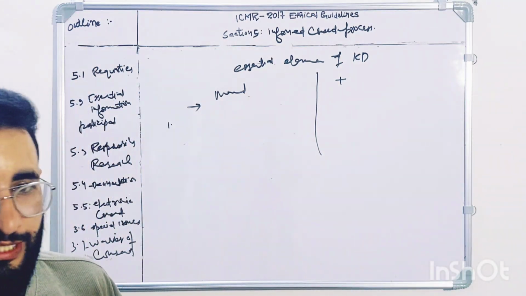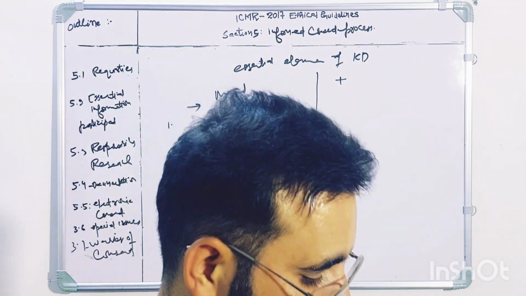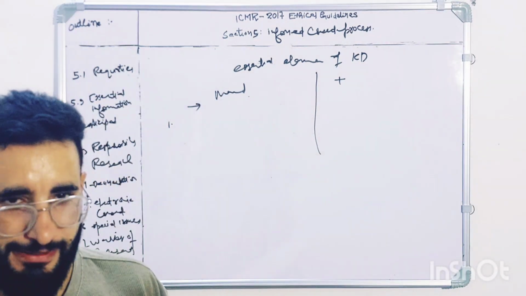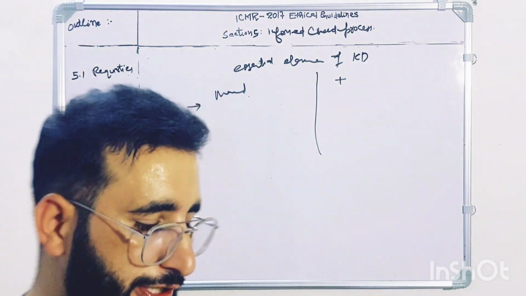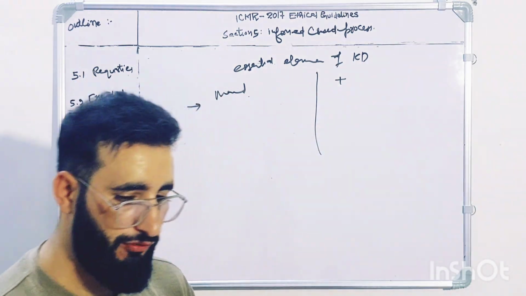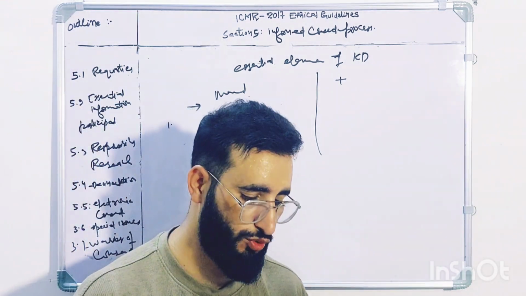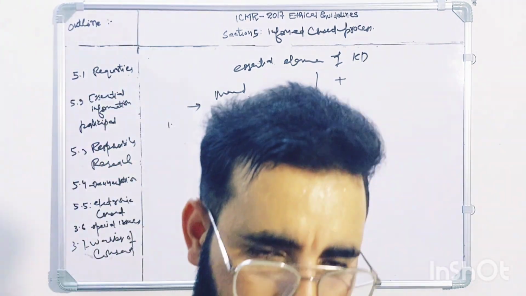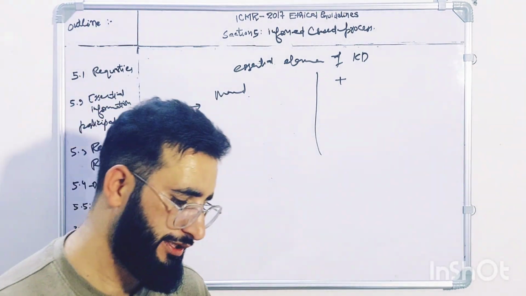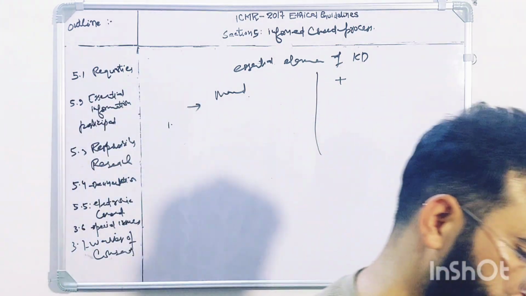The next is the expected duration of participation and frequency of contact. We also have to tell about the estimated number of participants to be enrolled, and the types of data collection and methods.